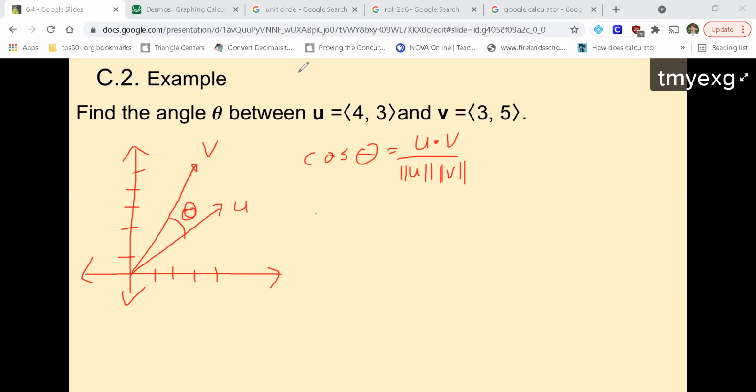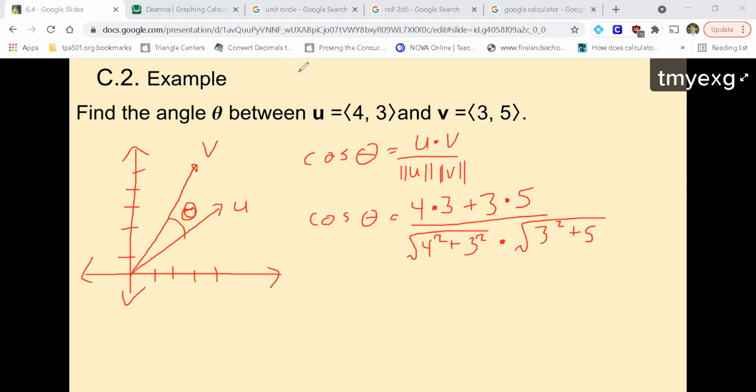Which means the cosine of theta is equal to 4 times 3 plus 3 times 5 over the square root of 4 squared plus 3 squared times the square root of 3 squared plus 5 squared.